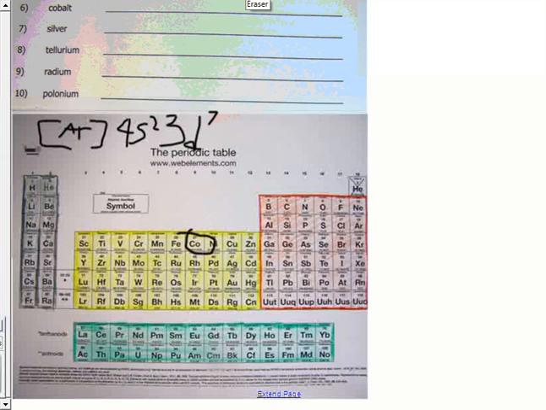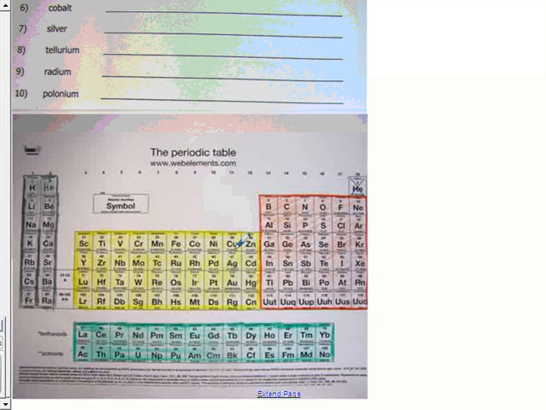All right. So let's look at silver. Silver then is right here on our periodic table. So its previous noble gas is going to be krypton. So we're going to do krypton here, Kr. And then we go back to over here where that would have ended.